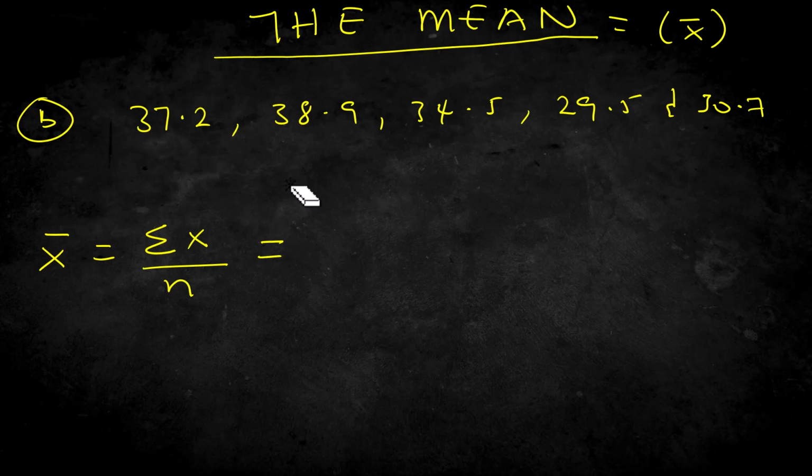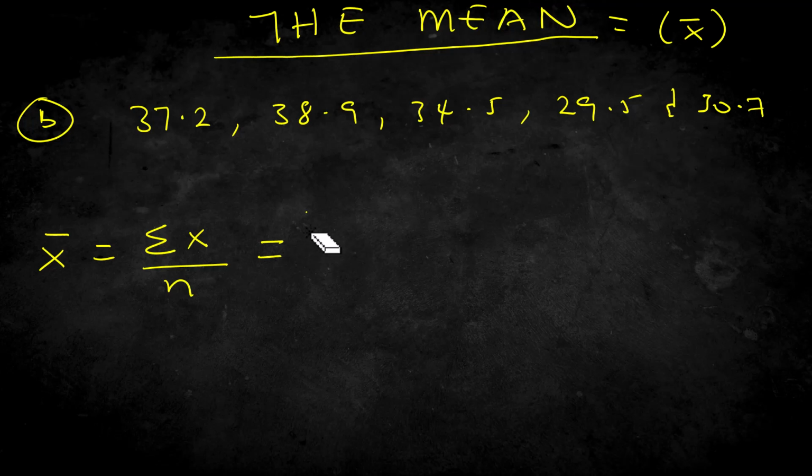So we have 37.5 plus 38.9 plus 34.5 plus 29.5 plus 30.7, so let's put them together on the calculator.